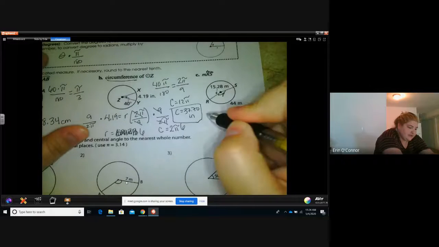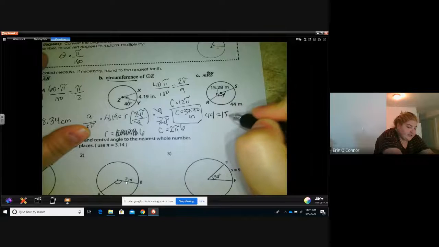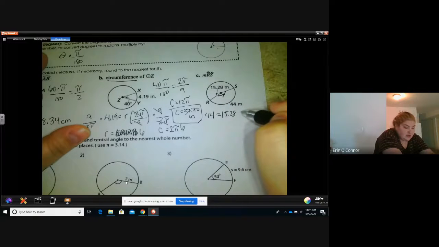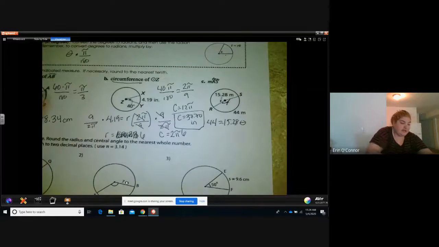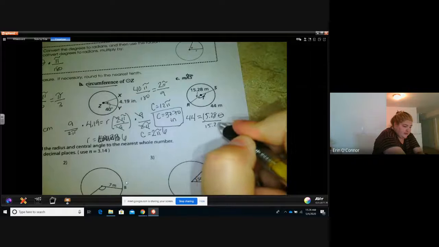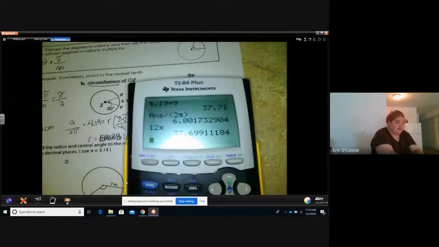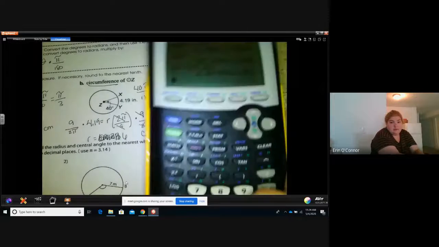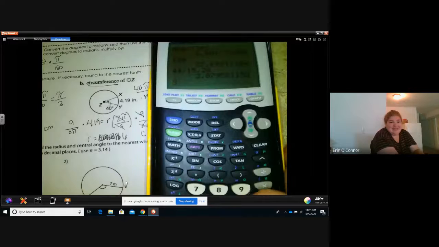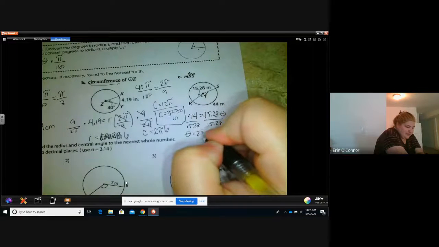So our length is 44 equals our radius 15.28 times our theta. We don't know what theta is. So we're going to divide both sides by 15.28. And we get 44 divided by 15.28, and we get 2.88. So our theta is equal to 2.88.